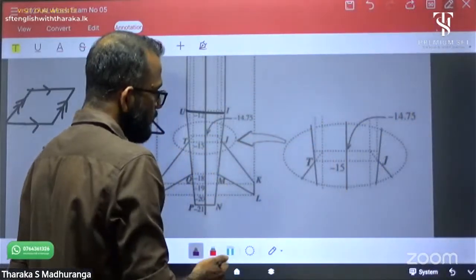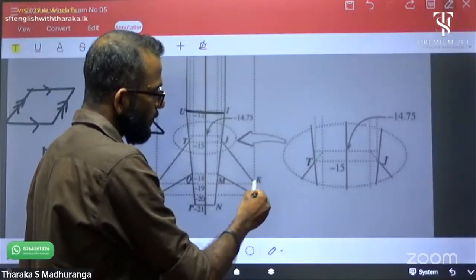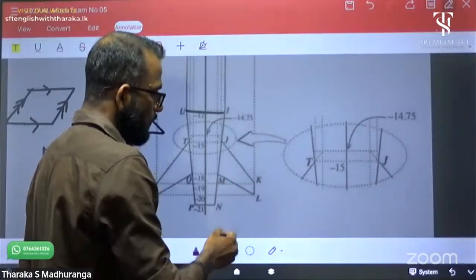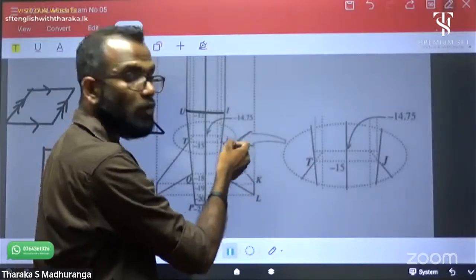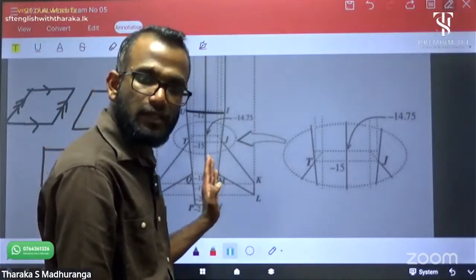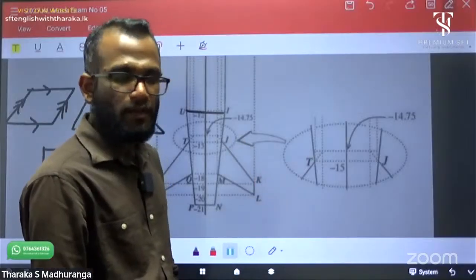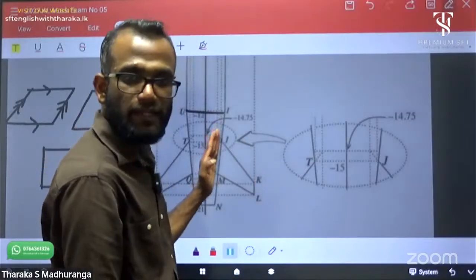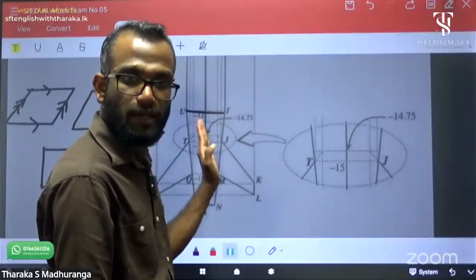The reason: KL is vertical, no problem, but ML is not vertical. Therefore JM is not parallel to KL. It's a slanted side, not vertical.